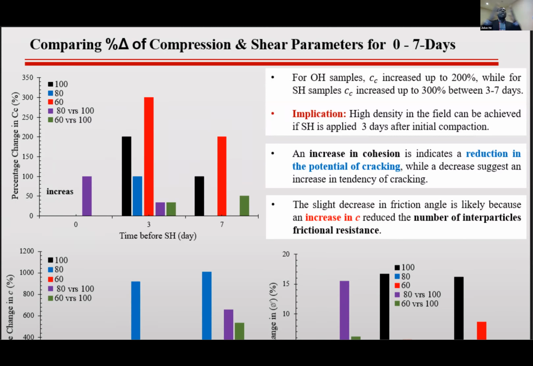If there's a high cohesion, all the particles are kind of together, so the surfaces of the particles sliding past each other are minimized or restricted. That will account for the decrease in the friction angle.